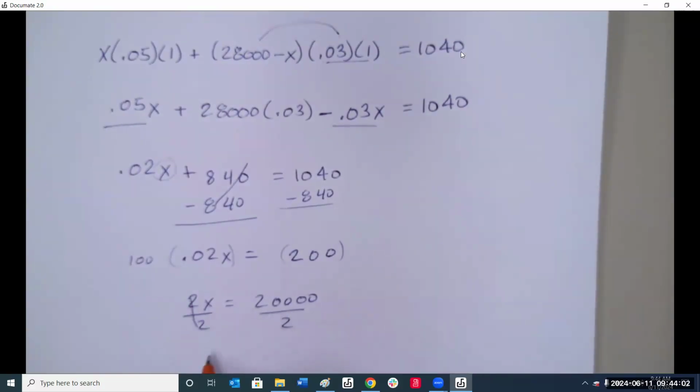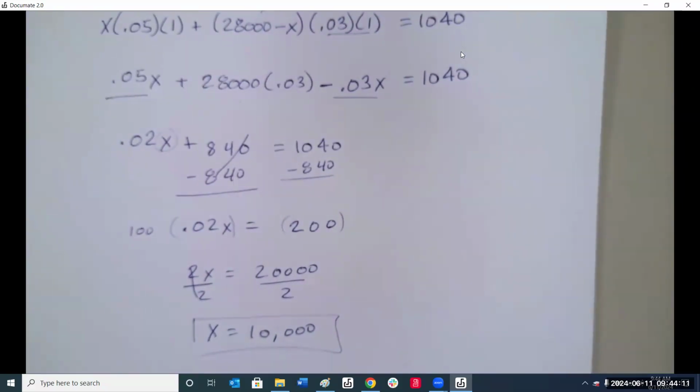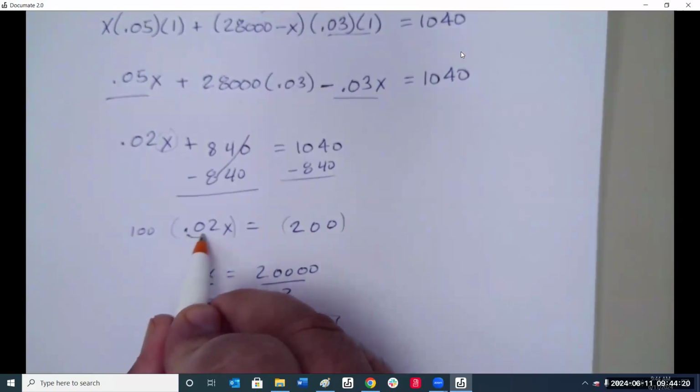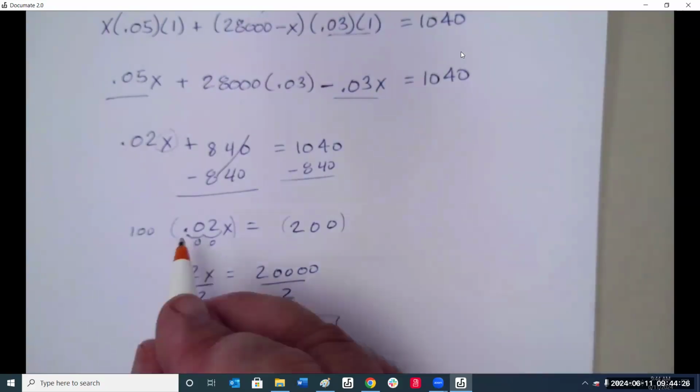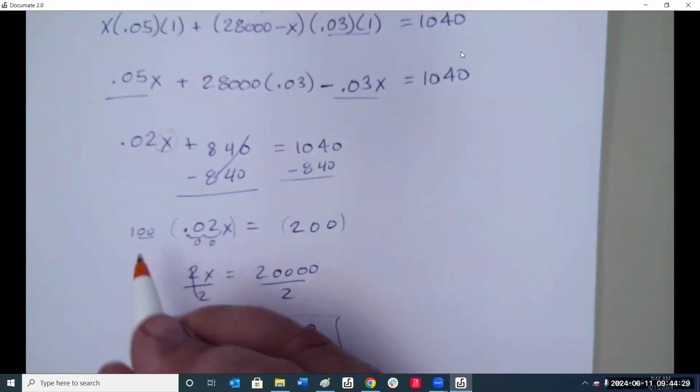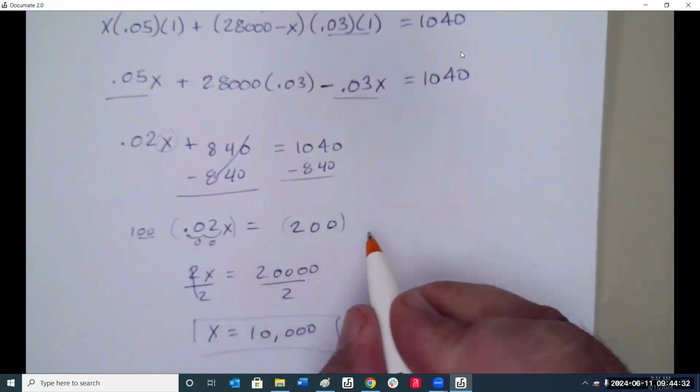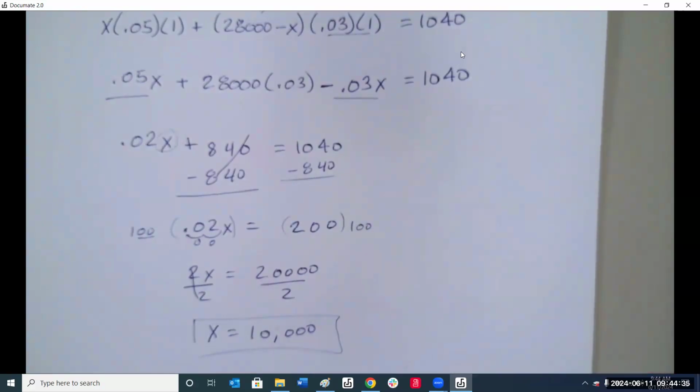Divide by 2. Why did I multiply by 100? Because to get rid of the decimal, I got to move it 2 spaces. Each space counts as a 0, 10 times 10, so it's 2 zeros. Otherwise you would have to divide by 0.02, and then you need a calculator, which I'm trying to get you guys away from.